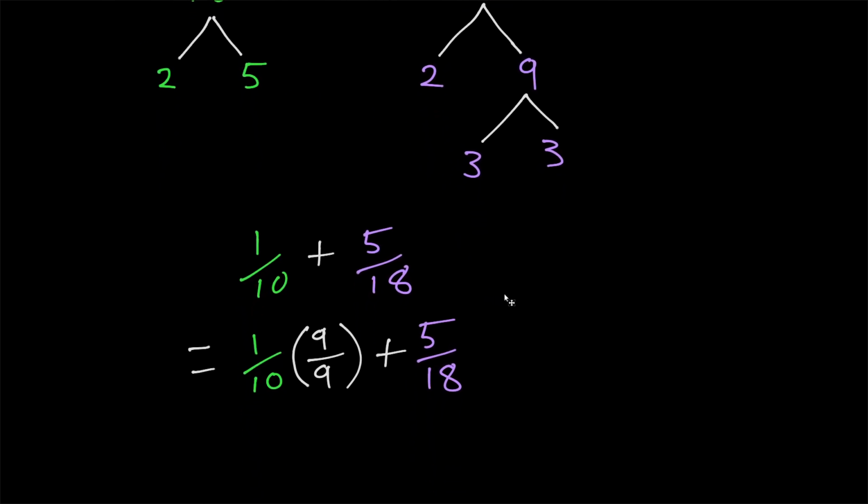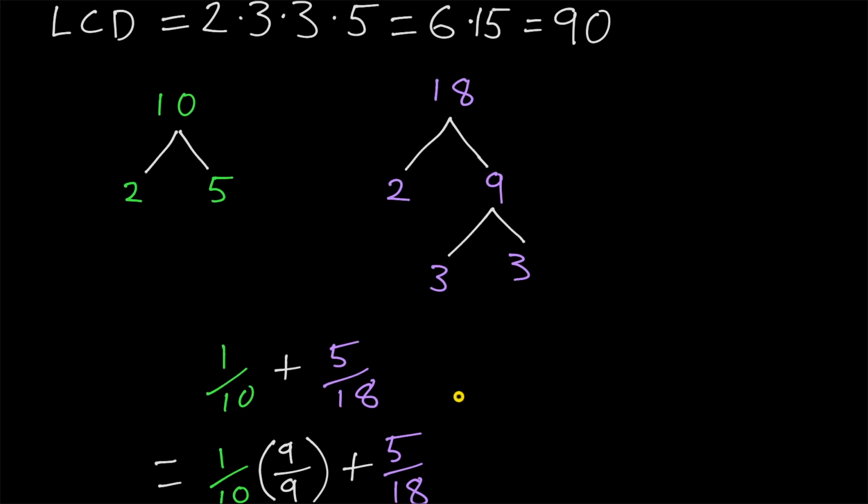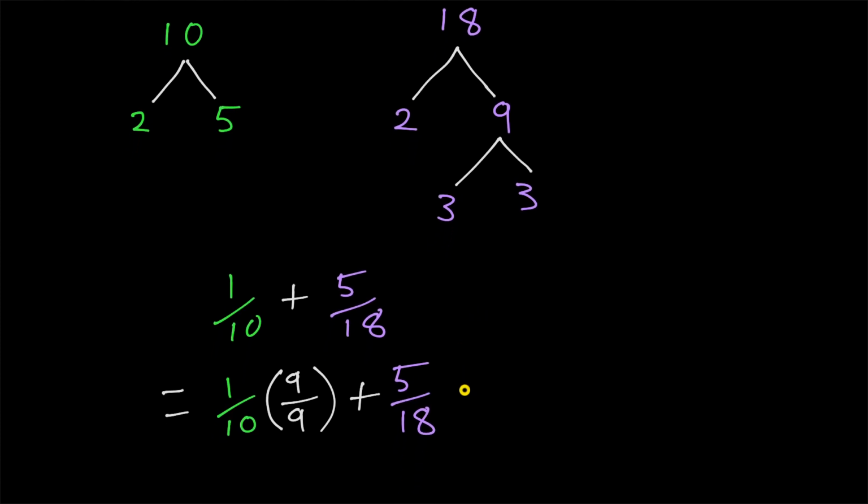So how are we going to do that? Well, what is 90 divided by 18? 90 divided by 18 is equal to 5. So we're going to have to multiply the numerator and the denominator by 5, because 18 times 5 will give us 90.